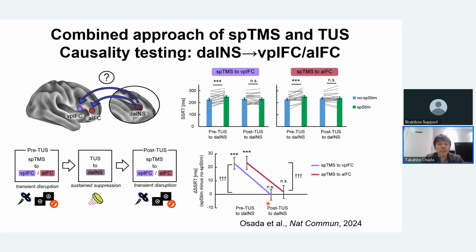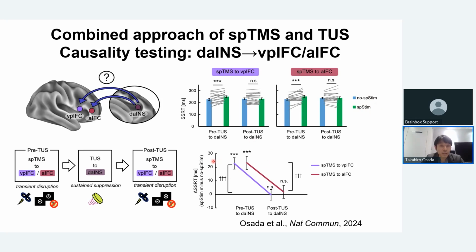TUS was administered to the DA-ins for sustained suppression. Before TUS to the DA-ins, single pulse TMS to the VPIFC and AIFC caused a transient disruption effect, as indicated by a prolongation of SSRT. The SSRT was compared between the condition of single pulse stimulation and no stimulation condition.